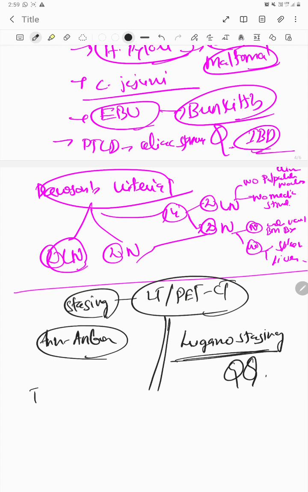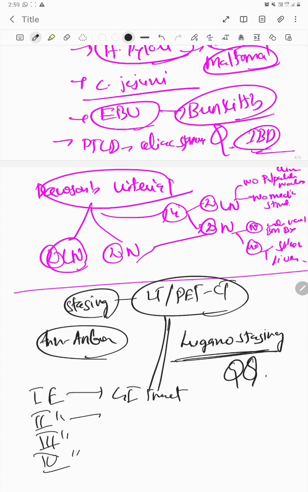The Ann Arbor staging is very easy. 1, 2, 3, 4 stage. First stage is the tumor is confined to only the GI tract. In stage 2, there is involvement of the regional lymph nodes.